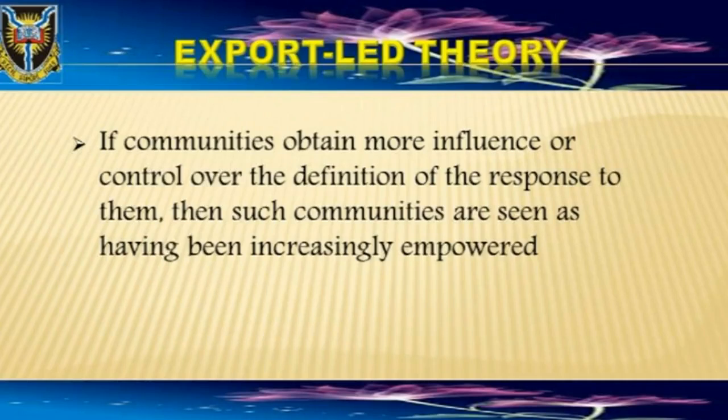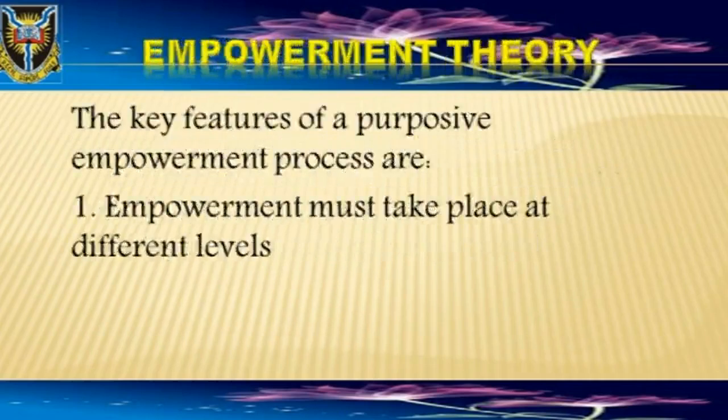This observation informs the reason why Barr 1995 described empowerment as the degree to which, or process by which, mobilization of local self-interest is seen as a primary mechanism for empowerment. Empowerment theory.